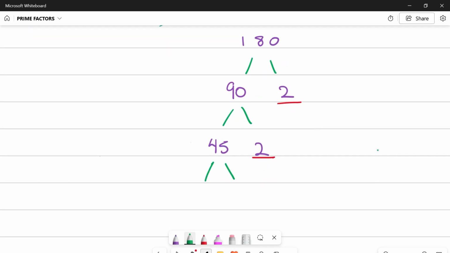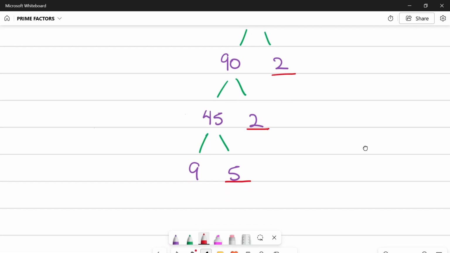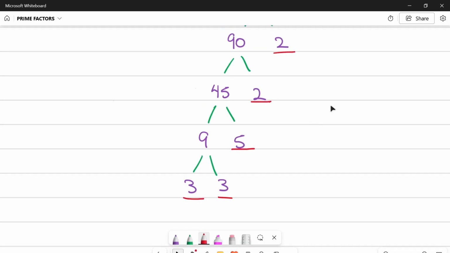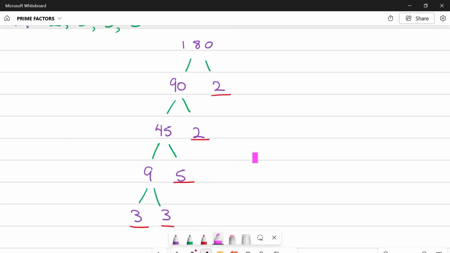A pair of numbers that multiply to give us 45 is 9 by 5. 5 is a prime number, so this marks the end of this branch. 9 is not, so we must continue breaking down 9. A pair of factors that multiply to give us 9 are 3 by 3, and 3 is a prime number, so this marks the end of this branch as well as the end of our factor tree. So the prime factors of 180 in ascending order are 2, 2, 3, 3, 5. So let's fill that in.